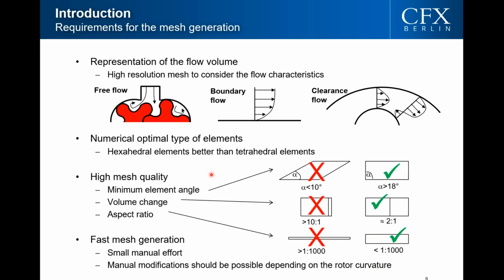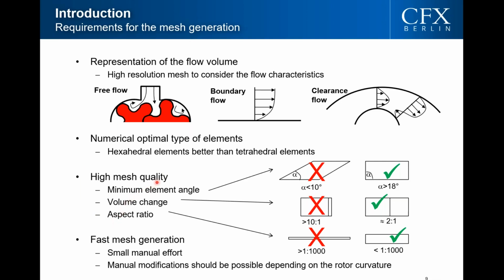Okay, the statement on this slide can be summarized real quick. As I said, we have specific meshing requirements for those machines, and especially if you look at the clearance flow. Typically, the clearances are very tight, and you have to capture those tight volumes with a mesh. From experience, we know that a feasible mesh should fulfill certain criteria.